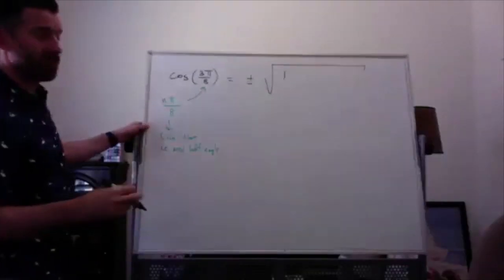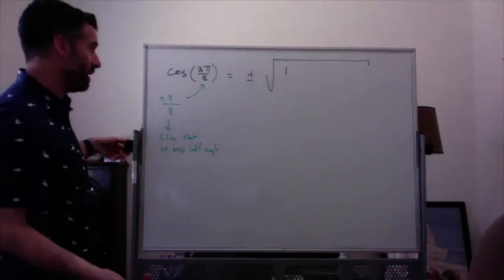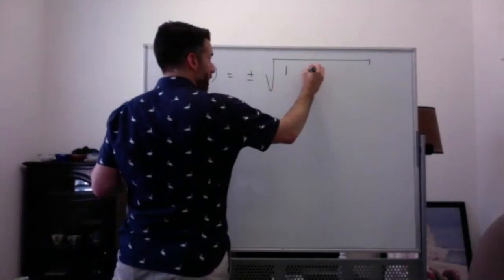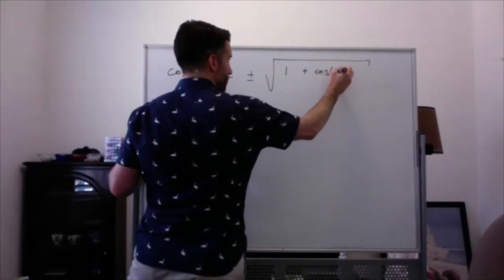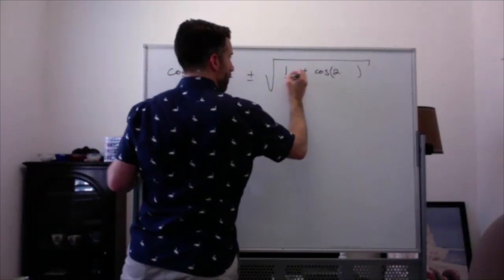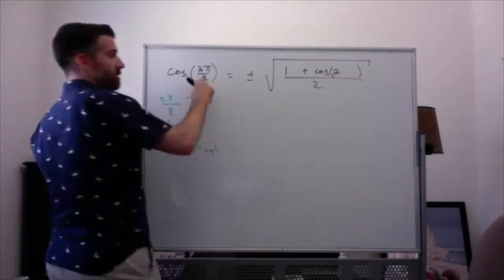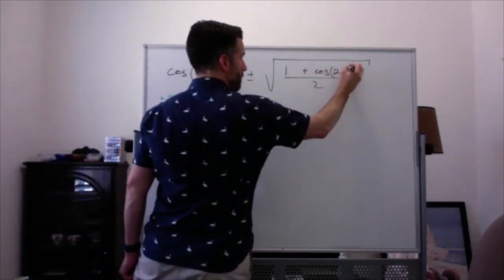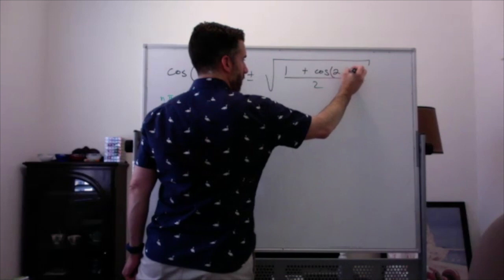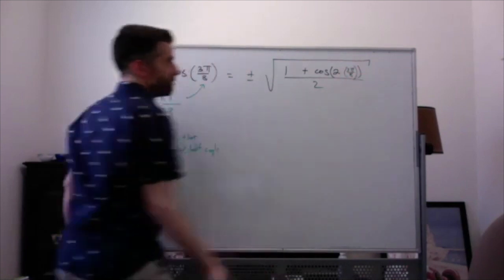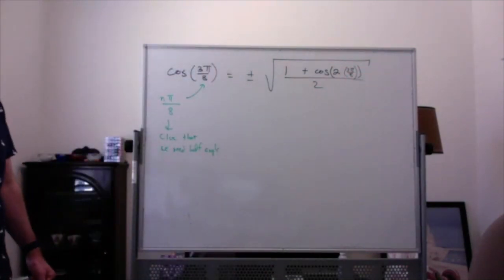For cosine, it's virtually the same except it's plus. So it's 1 plus cosine of 2 times your angle all over 2. So it's cosine of 2 times 3 pi over 8. Okay?